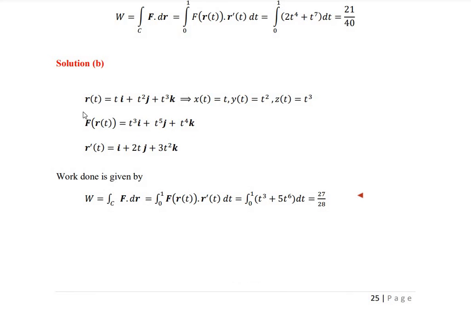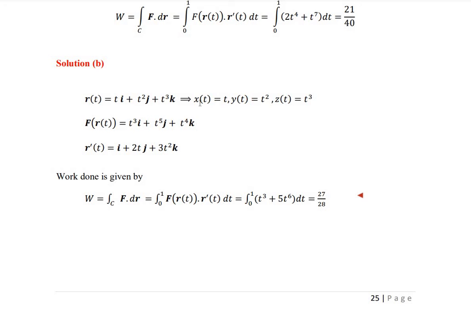And the next case, vector r of t is equal to this one. So therefore x of t is equal to t and y of t is equal to t squared and z of t is equal to t cube. Therefore, vector F of r of t, you can substitute that again. You will get t cube i cap plus t raised to 5 j cap plus t raised to 4 k cap.